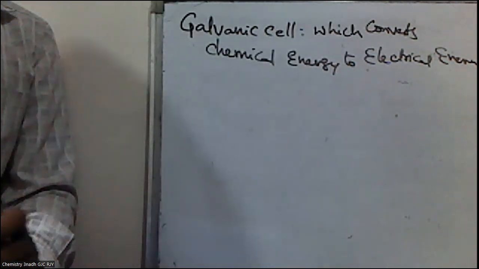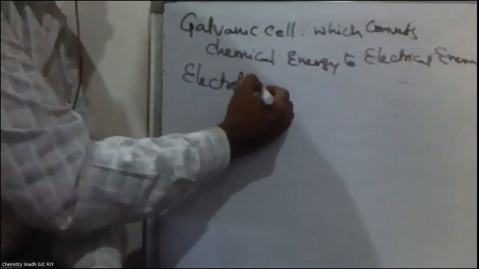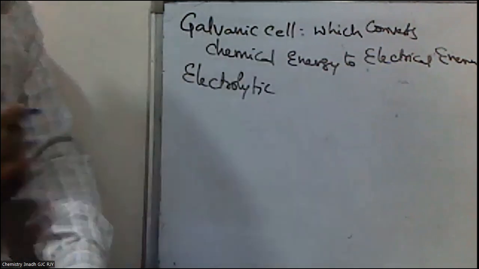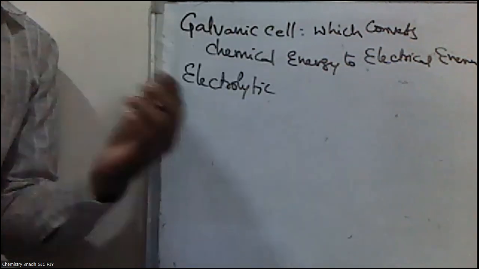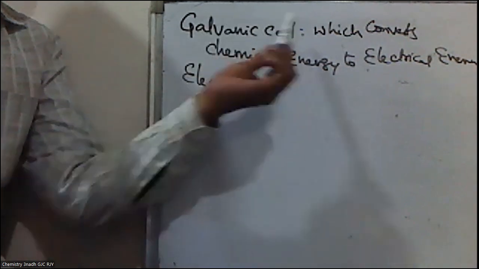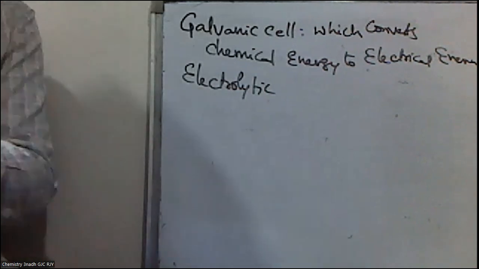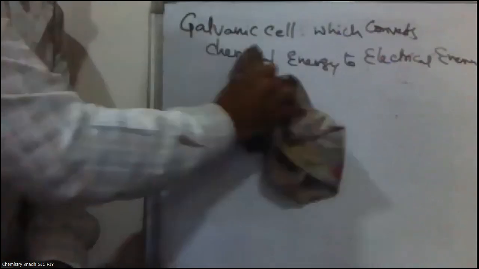And we have also seen the electrolytic cell. What is an electrolytic cell? An electrolytic cell is a device which converts electrical energy into chemical energy. A galvanic cell is a device which converts chemical energy into electrical energy.